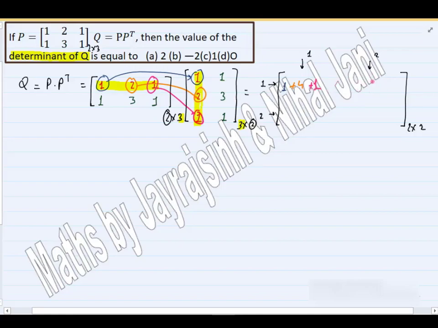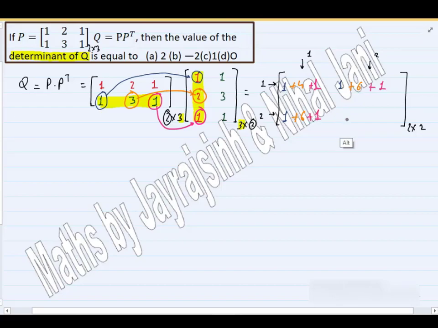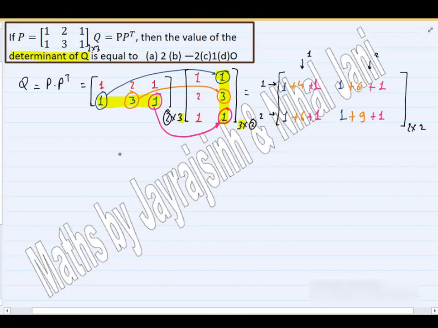Now the next element will be 1 plus 6 plus 1. First element of the second row will be 1 plus 6 plus 1, and similarly 1 plus 9 plus 1. So finally we get Q as 6, 8 and 8, 11.